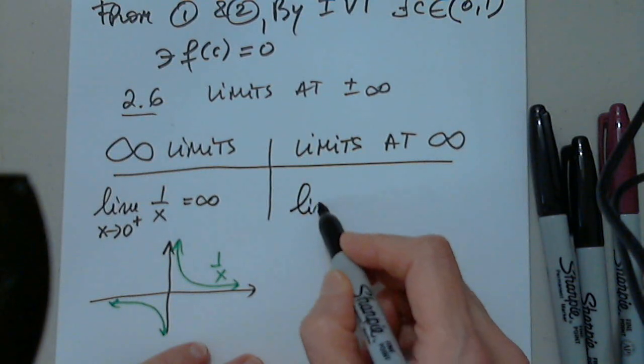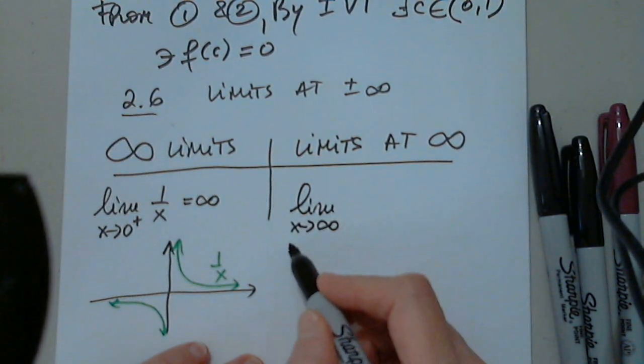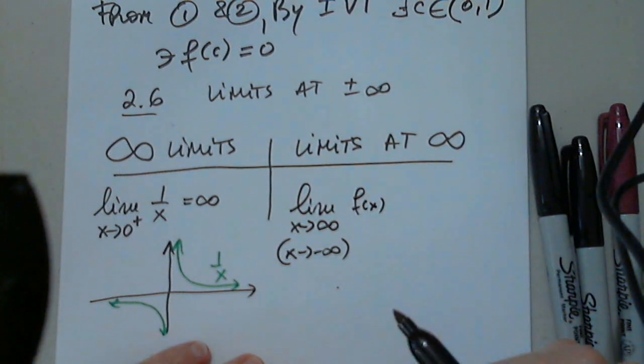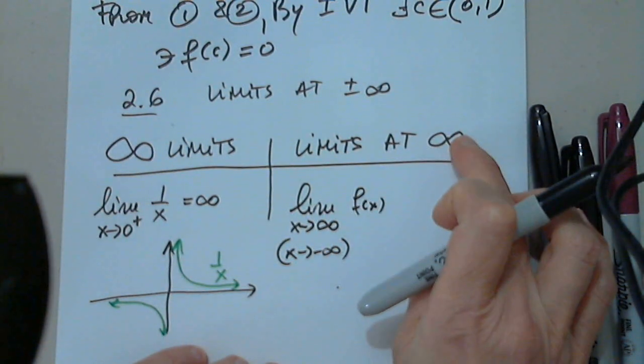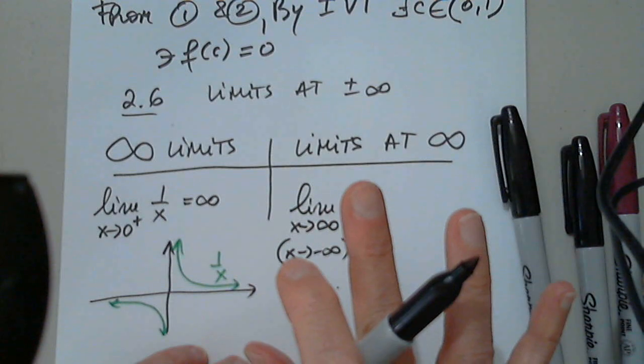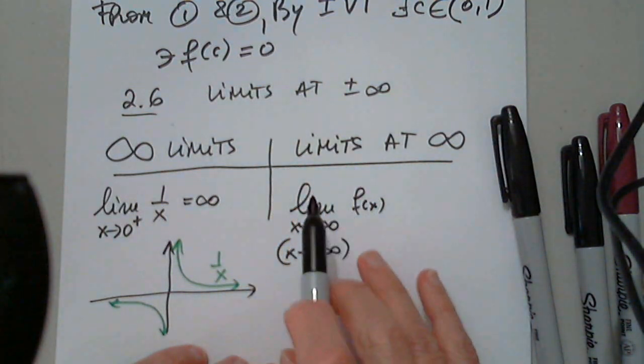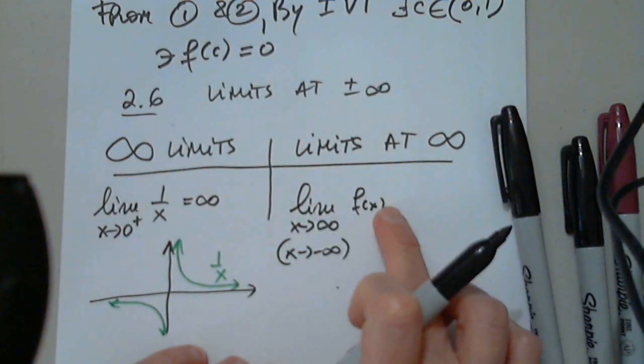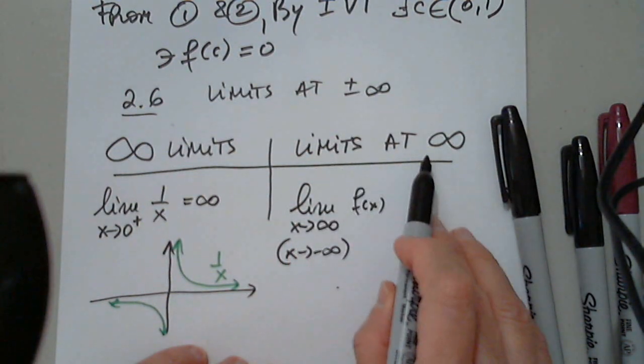Here we're talking about the limit as x approaches infinity, or the limit as x approaches negative infinity, of a function. So the limit of f of x as x approaches infinity is a limit at infinity.